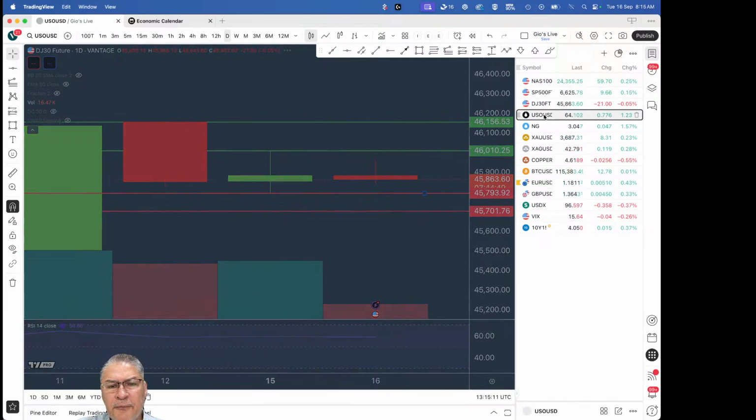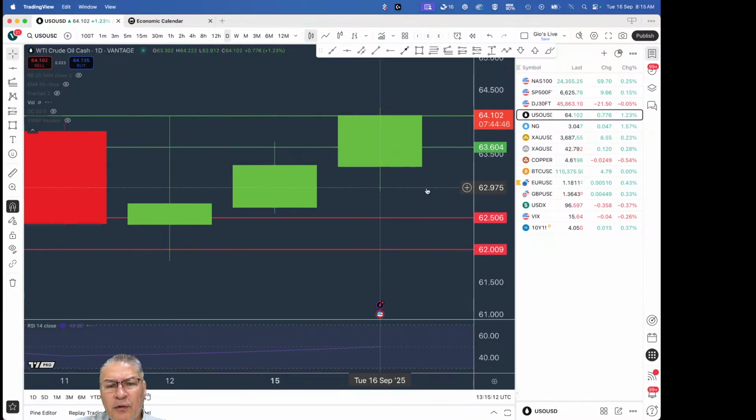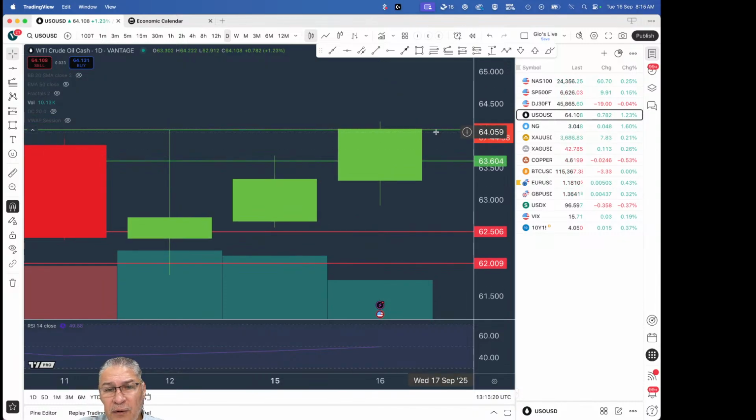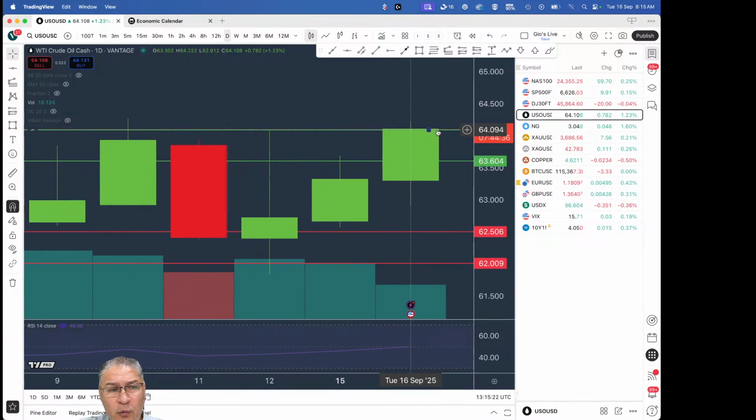Crude oil, we've seen crude oil spiking and obviously trading above our level of resistance that we placed yesterday. So we need to come in and find new ones. In crude oil, the outlook in regards to crude oil demand is going to be still there.